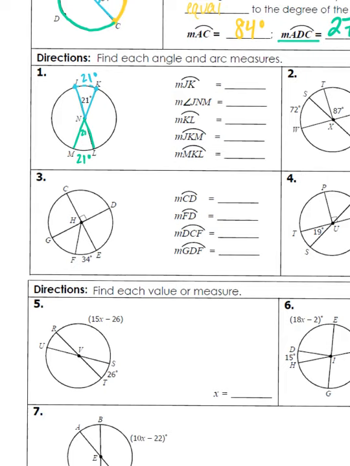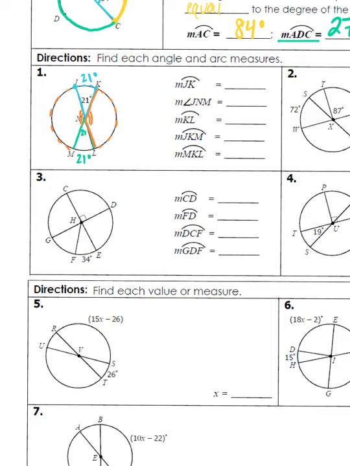All right, so next we have another central angle. We have angle KNL. So if I can find the measure of angle KNL, then that's going to give me the measure of arc KL. And then it'll also give me this arc and angle on the other side because these are vertical, so they are congruent as well.